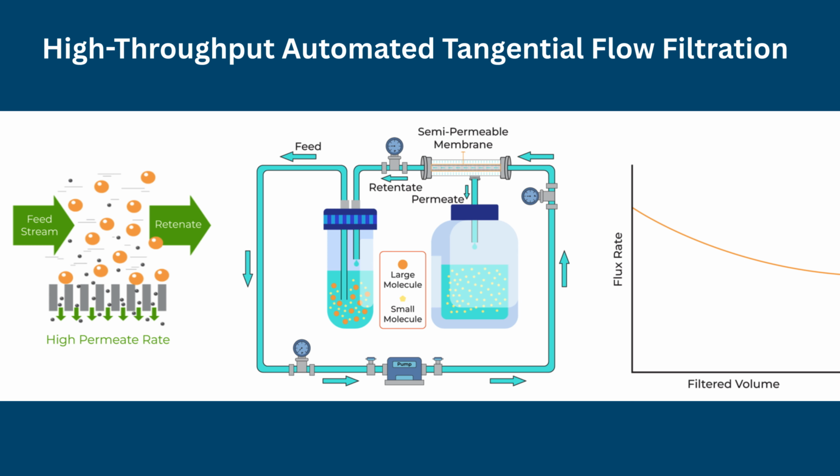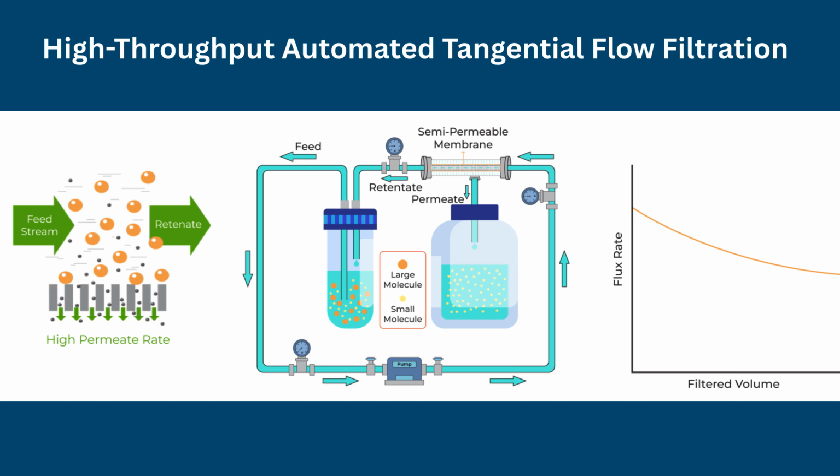These advanced systems enable highly reproducible operation, minimize operator intervention, and improve compliance with regulatory standards such as Current Good Manufacturing Practice, CGMP. Precise control of TMP and cross-flow velocity is especially important during the manufacture of biologics and advanced therapeutics.